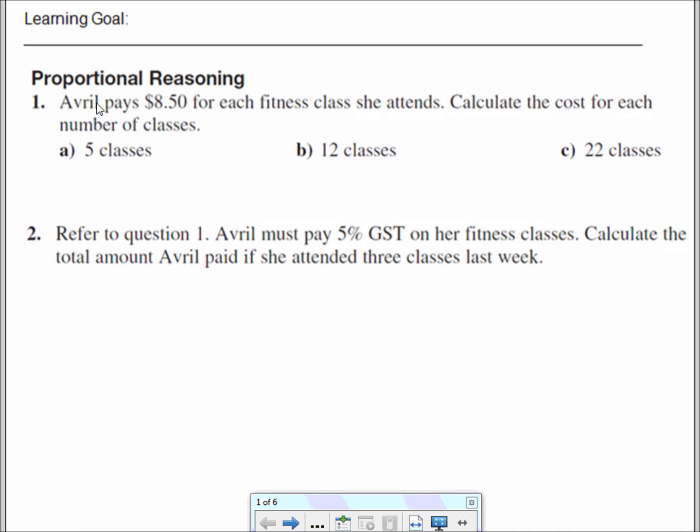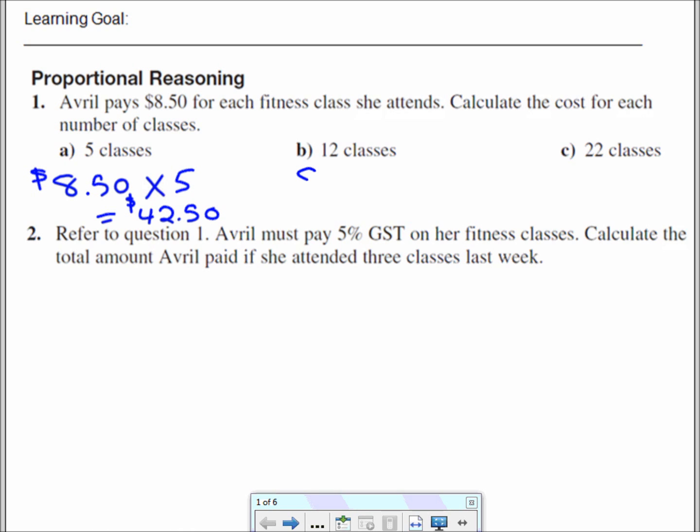Okay. So all you're going to do is you're going to go $8.50 times the 5 classes, right? Did you do it already? No, I didn't. No big deal. 8.50 times 5 gives me $42.50. Okay, and the next ones, they're just changing the number of classes.